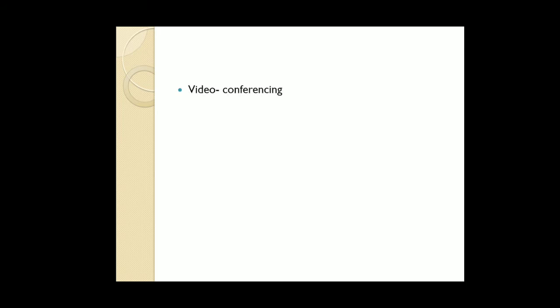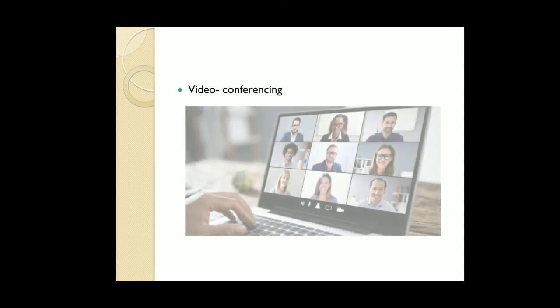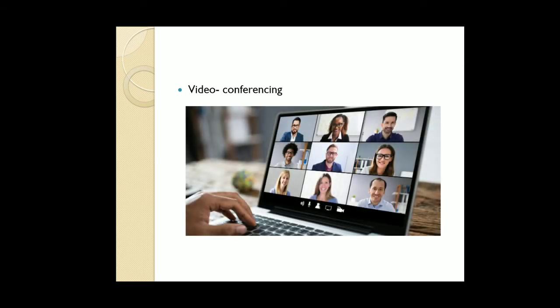Next is video conferencing. A video conference is a live visual connection between two or more people. The common example for this is Skype. Next is whiteboards.